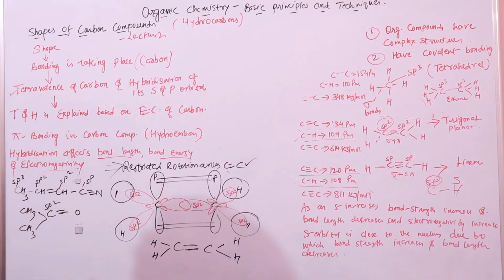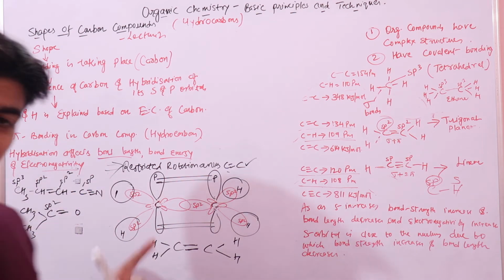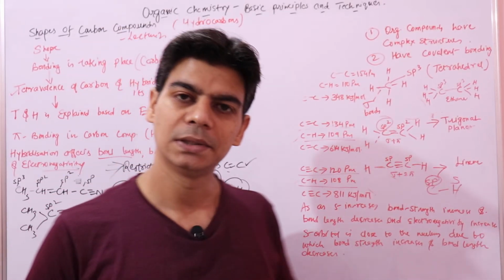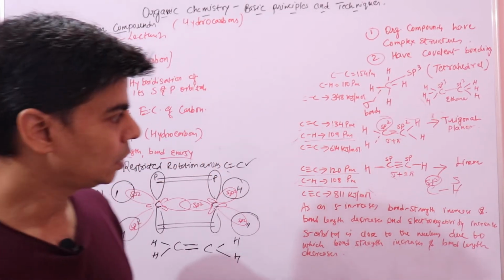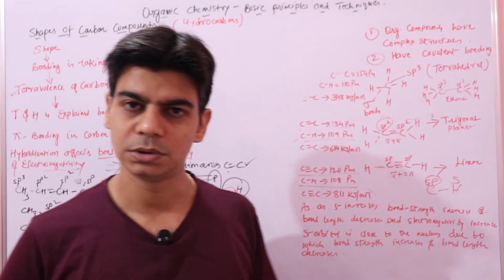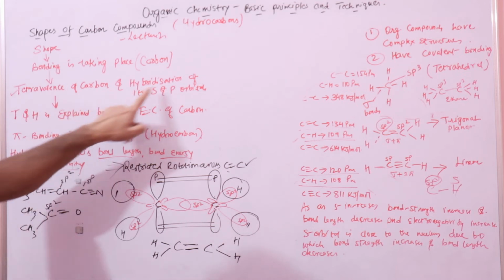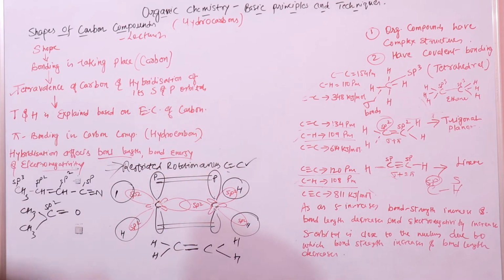Whichever organic compound you take, you have similar double bonds and triple bonds, and carbon is always tetravalent in nature. So tetravalence of carbon and hybridization of s and p orbitals will explain bonding in organic compounds.